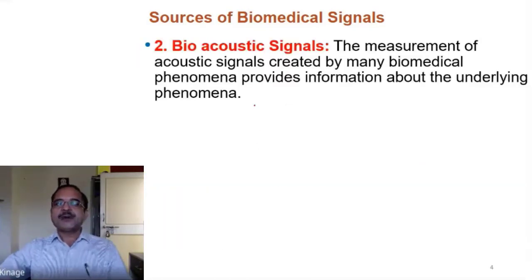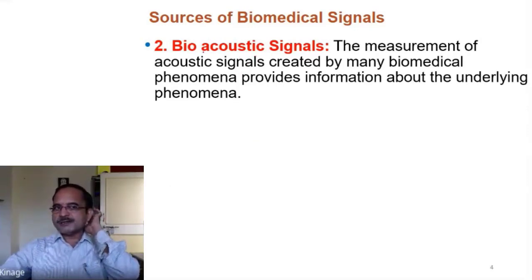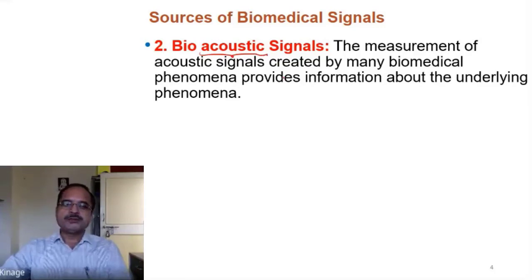Then next, bioacoustic signals. Now acoustic means it is related to sound. So these are actually the sound signals. Now you know, when our heart beats, it produces some sound, and you must be aware that the doctors use a stethoscope.